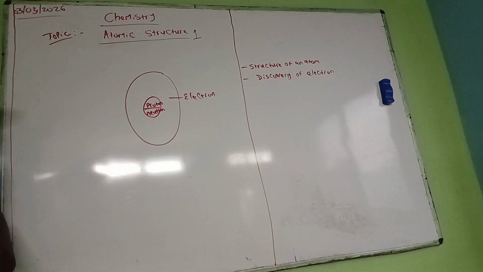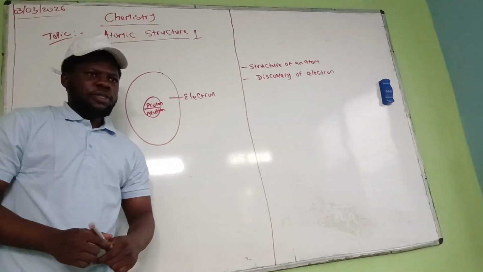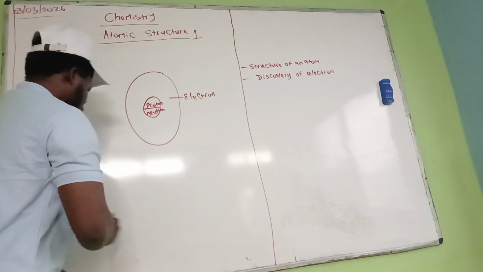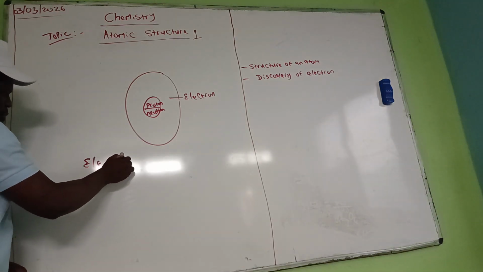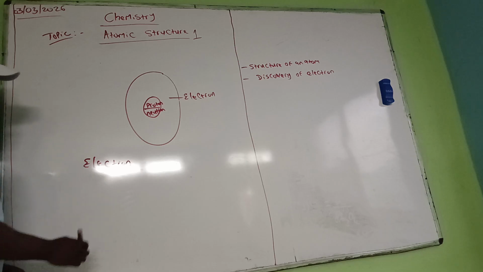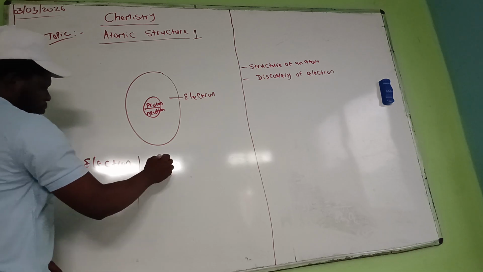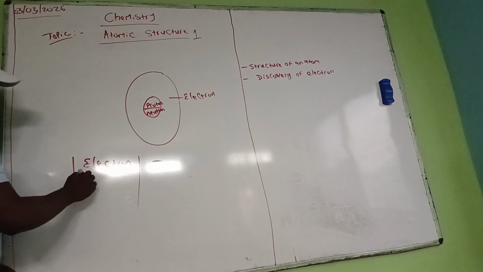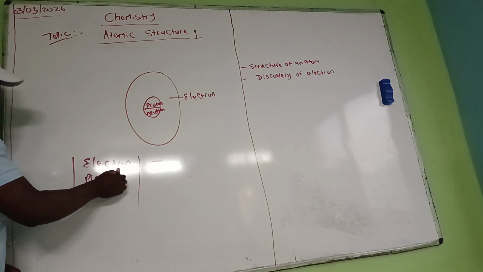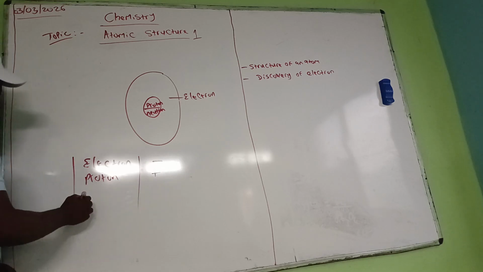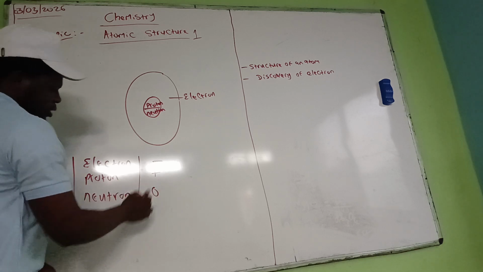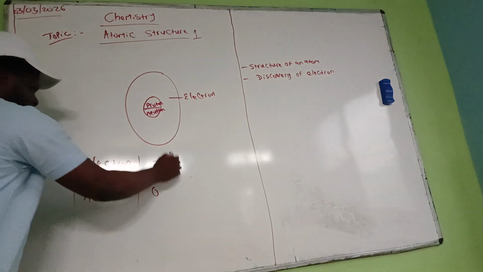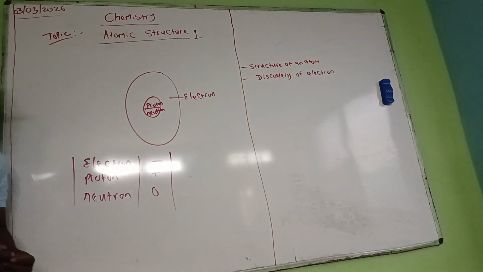Now, according to discovery, we were told that electron is negatively charged, while proton is positively charged, then neutron possesses no charge. This was the result of the discovery.